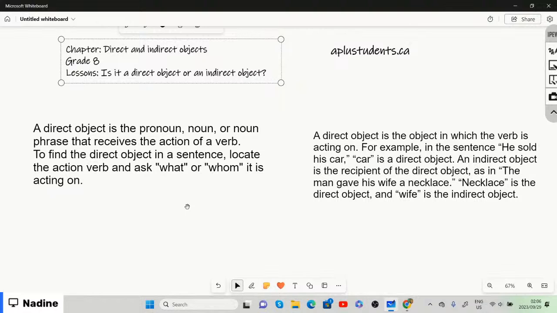So basically, a direct object is a pronoun, a noun or noun phrase that receives the action of a verb.